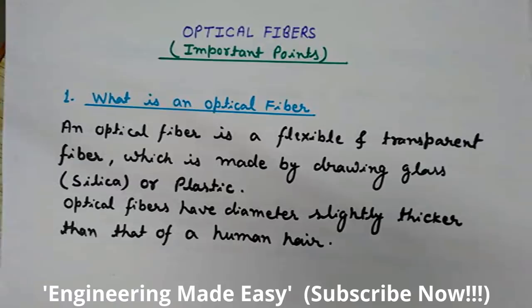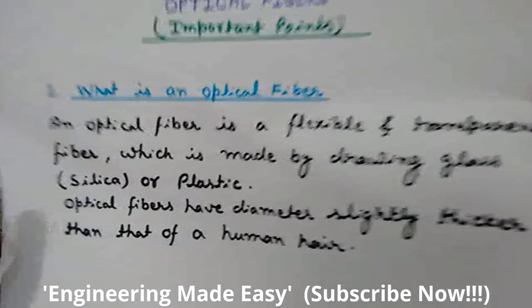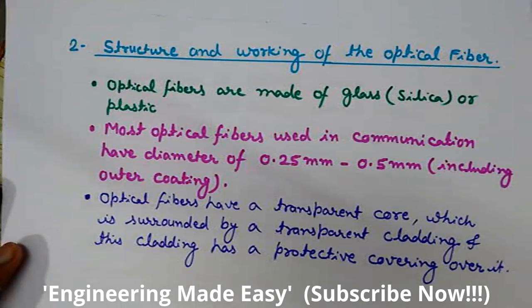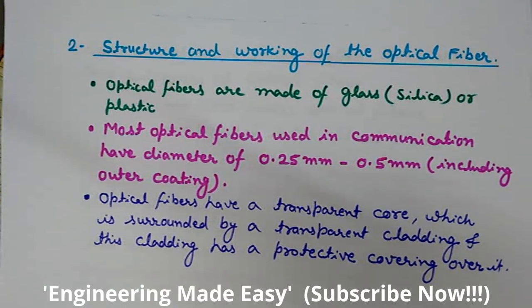Now let's discuss other points like structure and working of optical fibers. Optical fibers are made of glass, as we have discussed, or plastic, and are very thin.